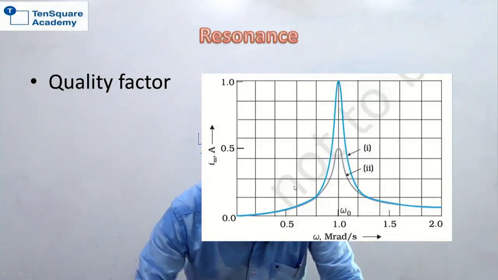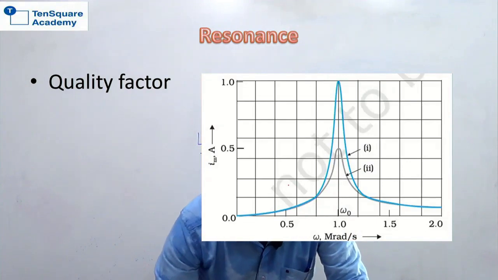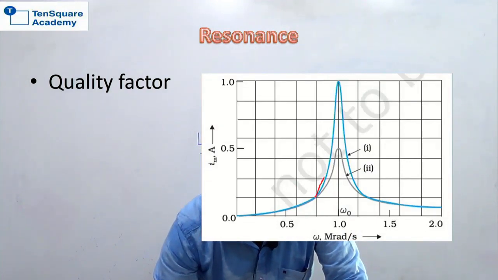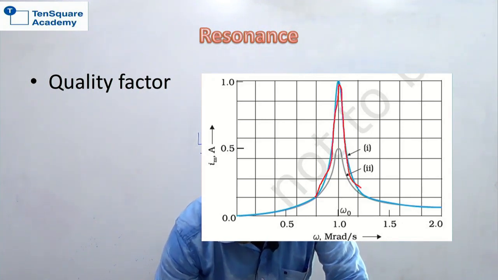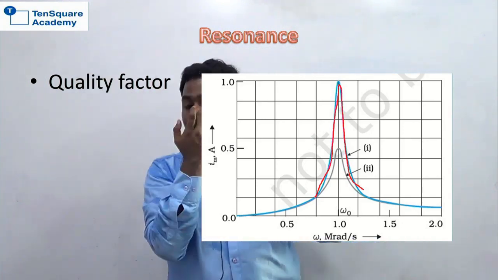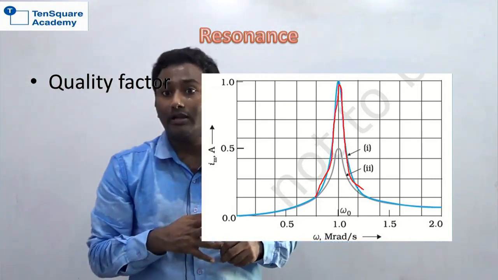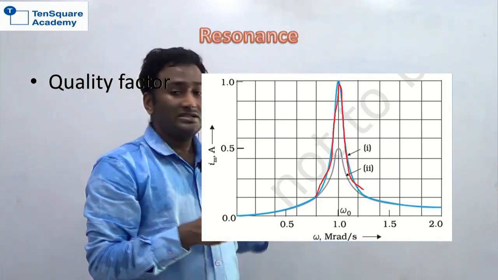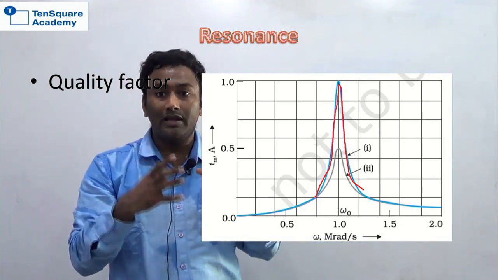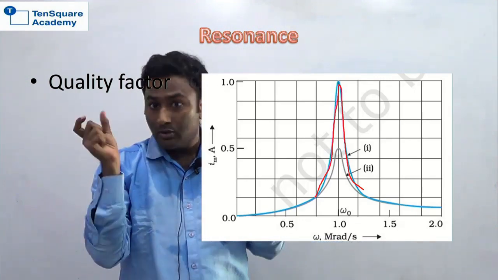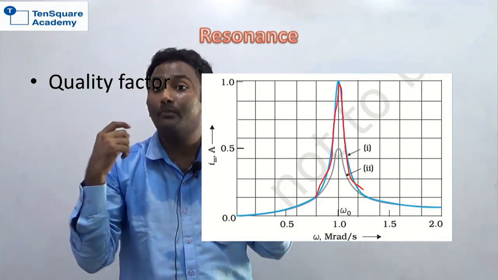In this graph, the one which is very sharp, this formula is used to find the sharpness of the circuit. So, this one is very sharp, right. So, this one will have a higher quality factor. In questions they will give the L value, R value, omega naught, etc., and two sets of values, and they may ask which is a better circuit.